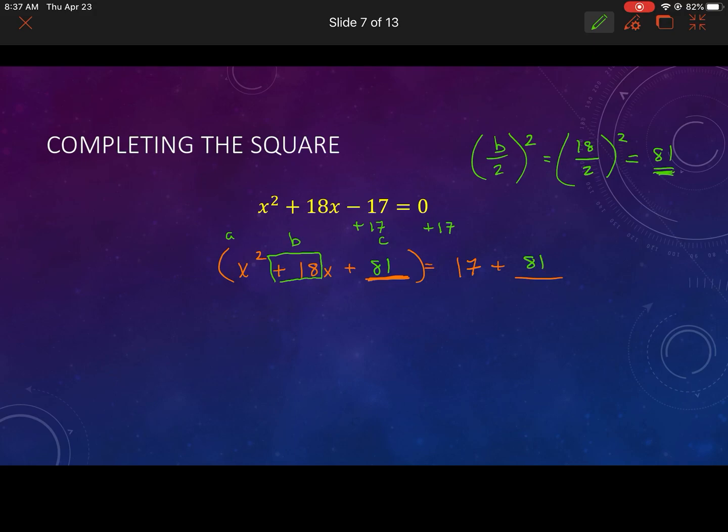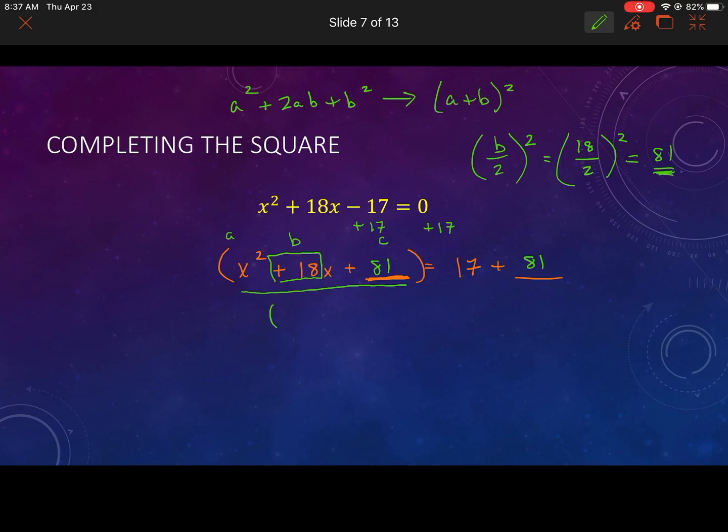Now hopefully you see this new trinomial matches our pattern, a squared plus 2ab plus b squared, so we know it's going to factor to a plus b squared.